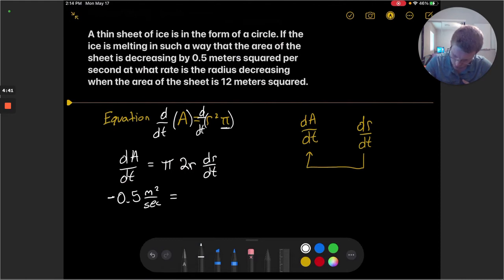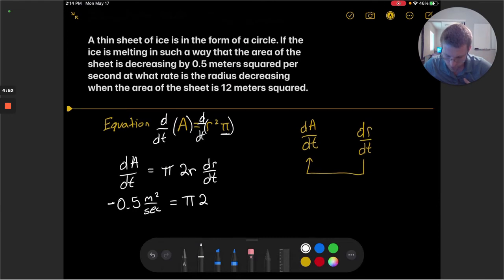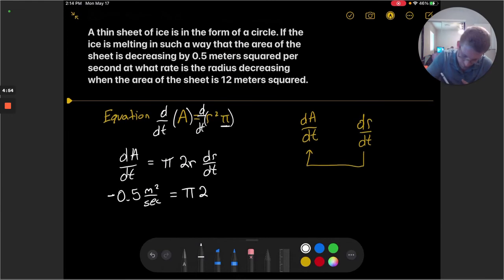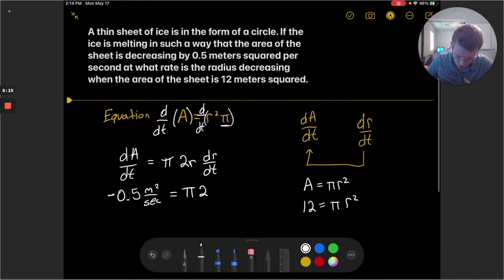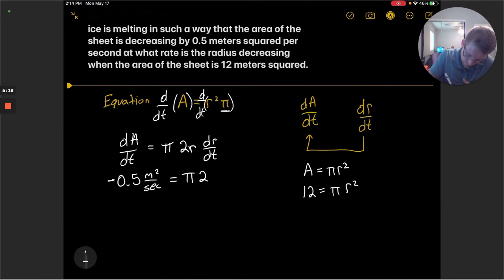It is equal to pi times 2r. The radius length right now we don't actually know, but we do know the area of that circle at this time. Area is equal to pi r squared, and the area is 12. We want to find the radius at this area level. If we do a little bit of work on the side, we can say r squared is 12 divided by pi.